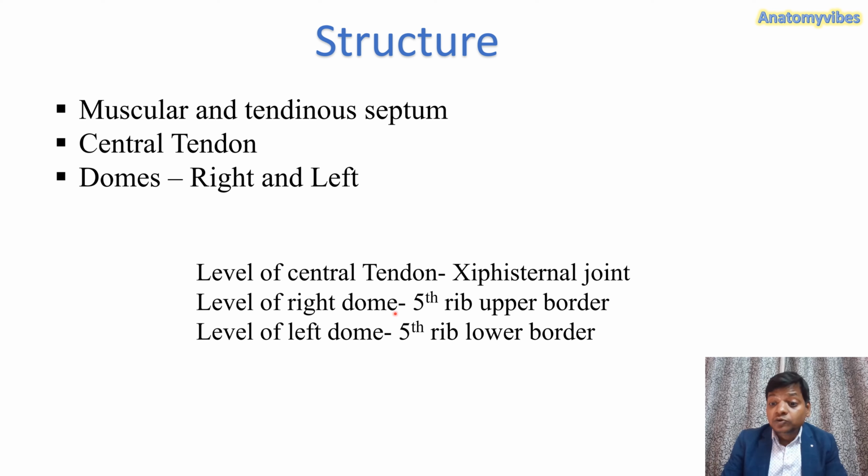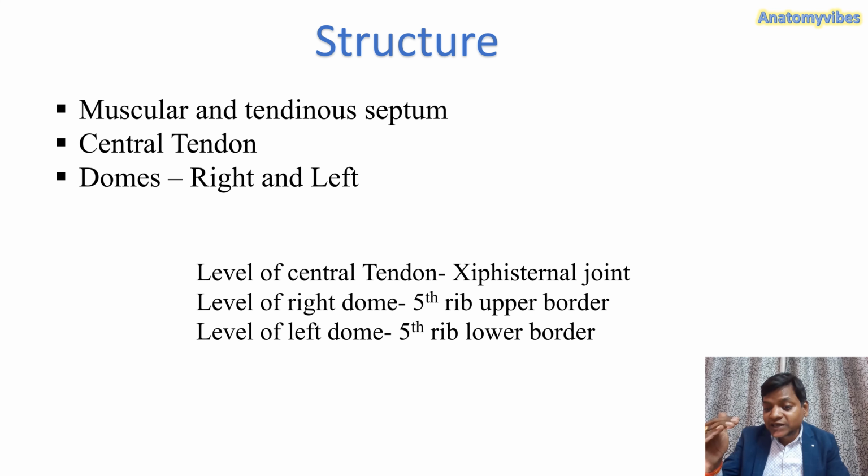Level of right dome of diaphragm is the upper border of the fifth rib. So right dome is at the level of the upper border of the fifth rib, while the left dome is at the lower border of the fifth rib. So from here you can see that the right dome of diaphragm is slightly higher as compared to the left dome of diaphragm.